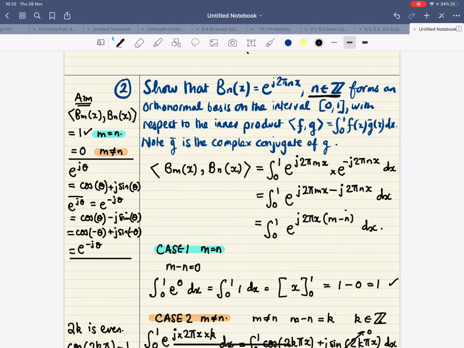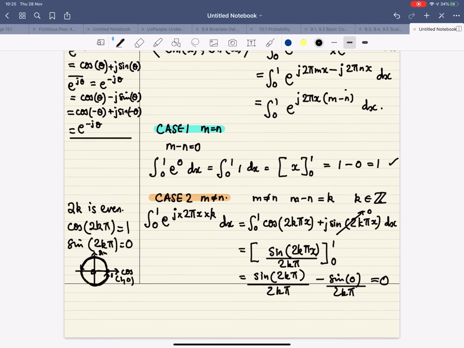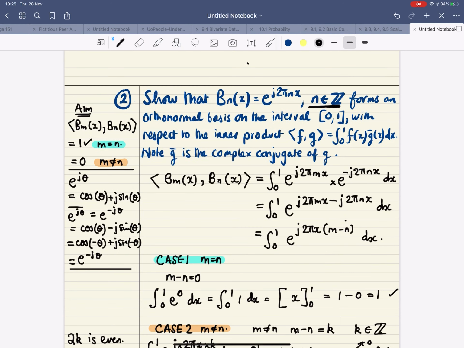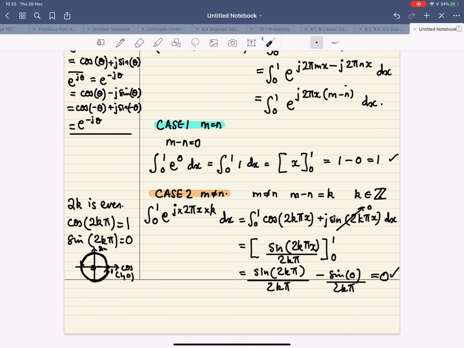So, in summary, if m is equal to n, it's equal to 1. If m is not equal to n, it's equal to 0. And that's what we set out at the beginning to be orthonormal. It's got to be equal to 1 if m is n, and 0 if m is not equal to n.